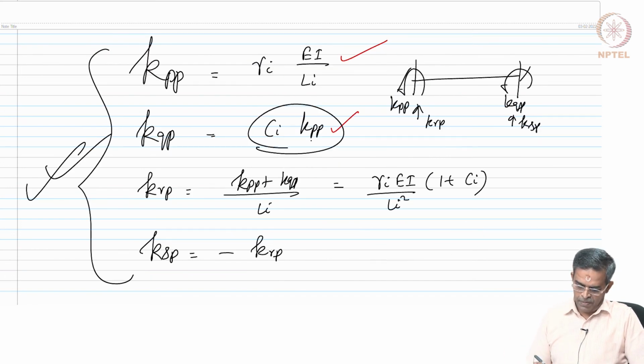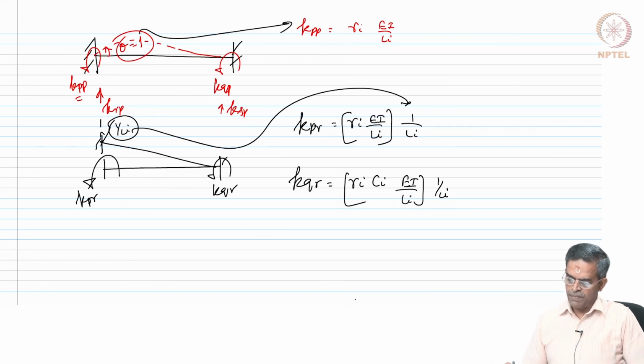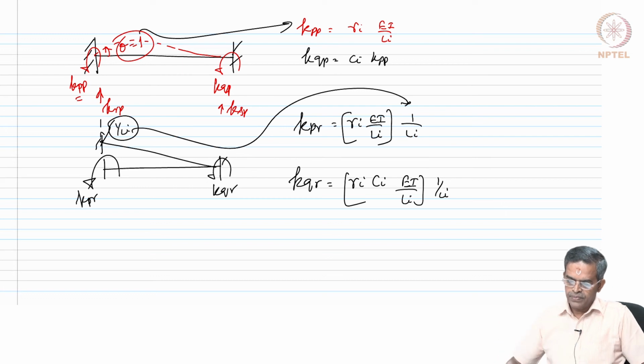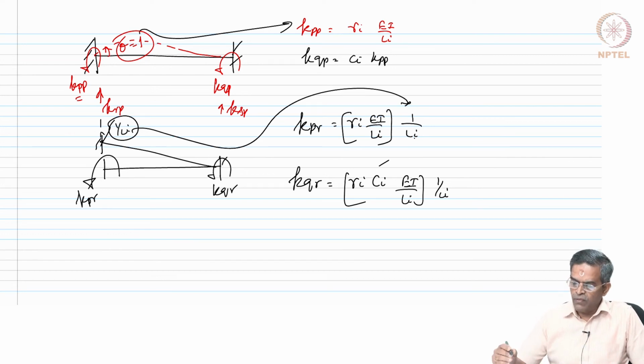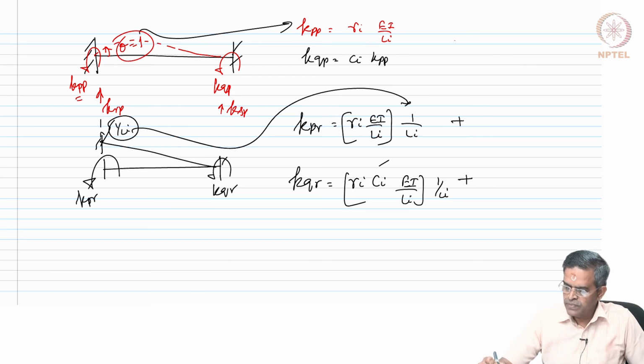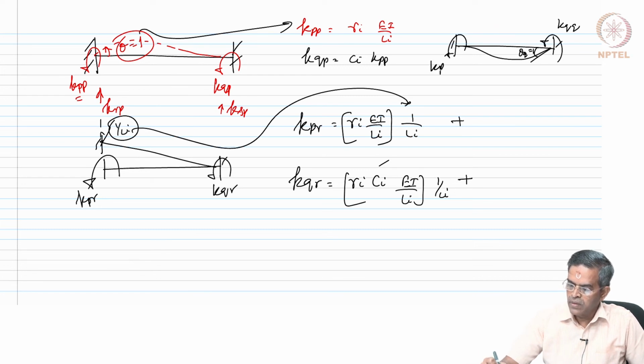Ci times of KPP. So, I am using that. So, you know KQP is Ci times of KPP. I have just multiplied this with Ci, you can see that here. This is only for the jth end. So, I also have a similar contribution if I give unit rotation at the kth end, and so on.